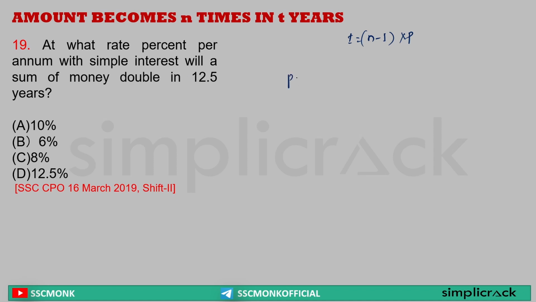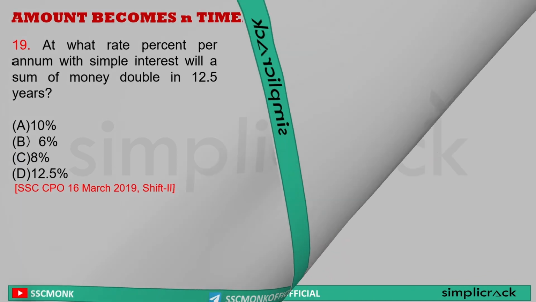Principal P, 12.5 years, rate is unknown, divided by 100 is equal to double, that means (n minus 1) into P, that is equal to (2 minus 1) into P, which is 1P. Sir, P crossed out. R is equal to 100 divided by 125 into 10, because I have taken out the decimal. So 25 5s are 125, 25 4s are 100, 5 2s are 10, 4 2s are 8%. Option C. Next.